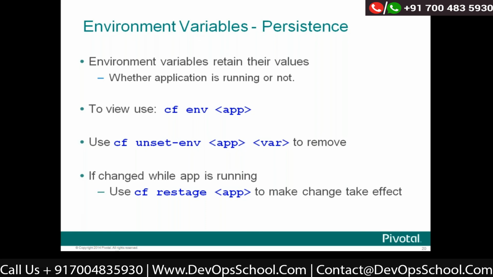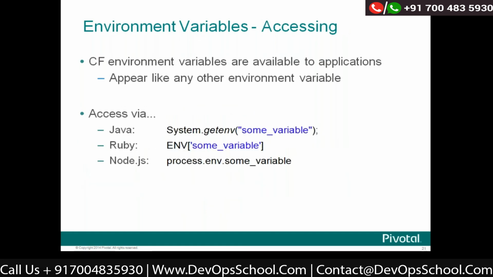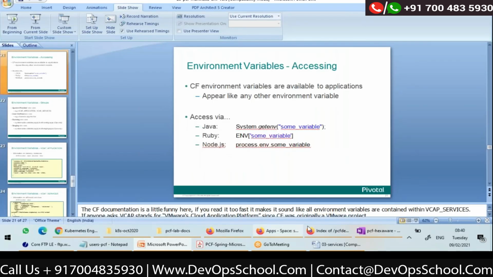But remember, if you unset an environment variable, or if you set a new environment variable while the app is running, you have to restart the app or restage the app if you want the effect. Okay, so that's it about environment variables.